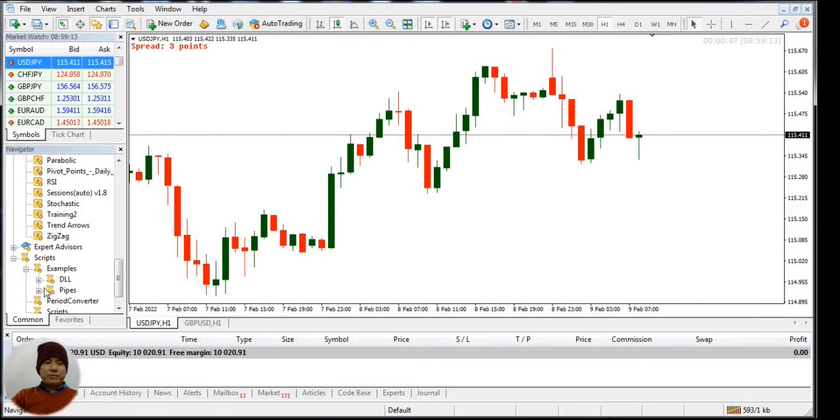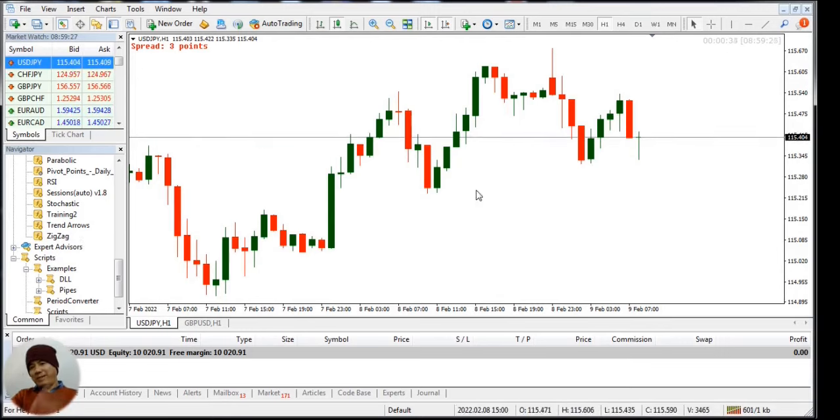This script works only once. You drag and drop it here, and it will do whatever it is designed for only once, and then it will disappear from the chart. It's not like an expert advisor, which is placed on the chart once and keeps on doing its work. It will not disappear automatically unless it is coded that way, or we do that manually.